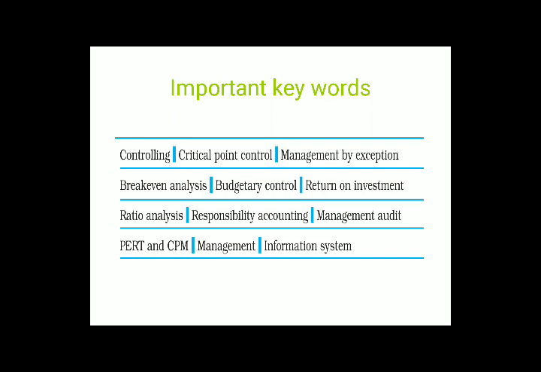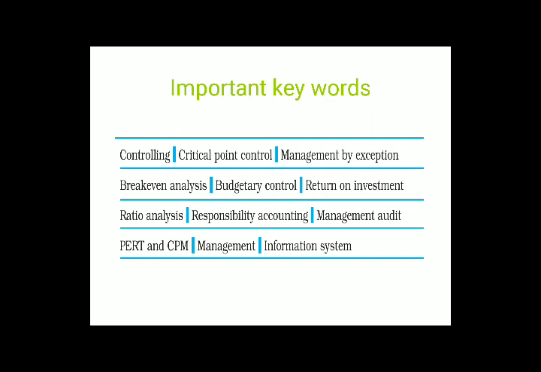So in that period, according to the standards, if the department or the division hasn't performed well, the critical point control comes in, where the top management prefers to make necessary changes to make sure that kind of delay does not happen in the future.